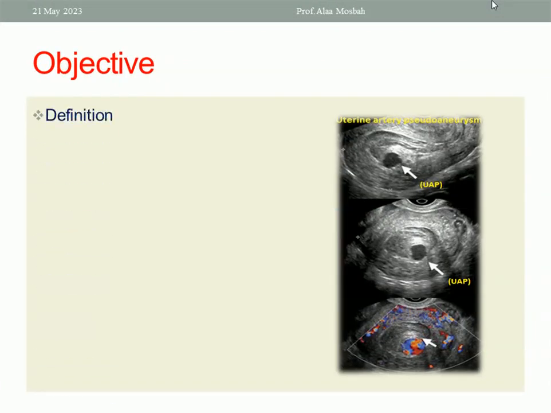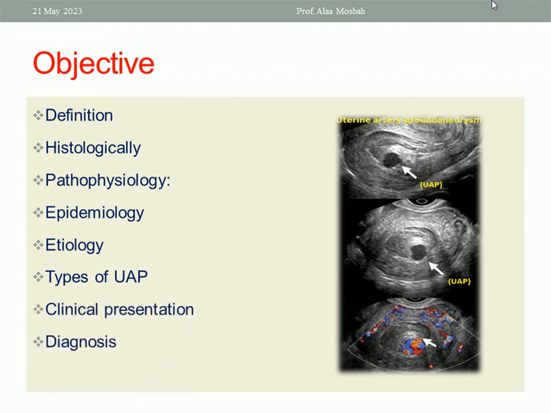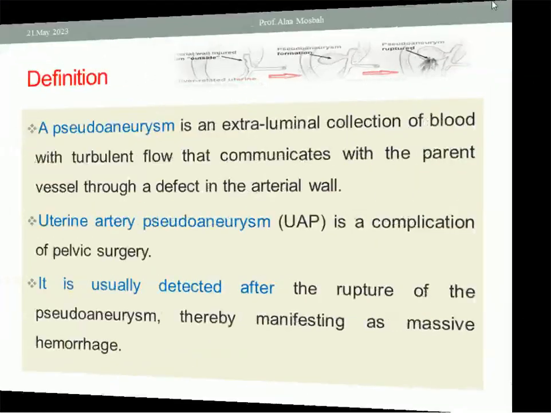What is the definition of uterine artery pseudoaneurysm? The histology, the pathophysiology, the epidemiology, etiology, types of uterine artery pseudoaneurysm, clinical presentation, diagnosis, and treatment. Let us start with the definition.